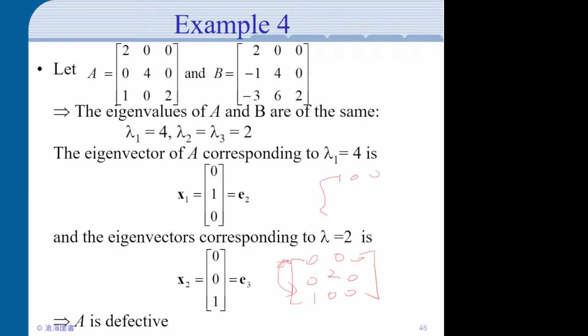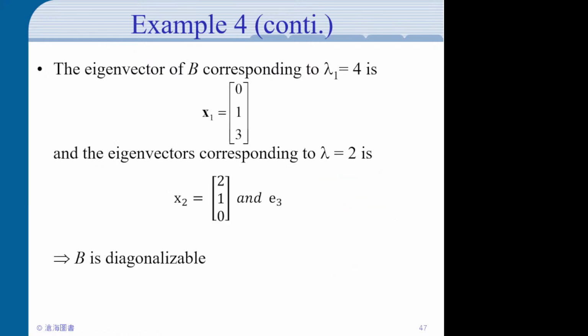So it's 1 0 0, 0 2 0, 0 0 0, multiplied by something equal to 0. You see that you have 2 non-zero rows here, and so the only free variable is the third one. So the null space of this is one dimensional. It's the E3 direction.